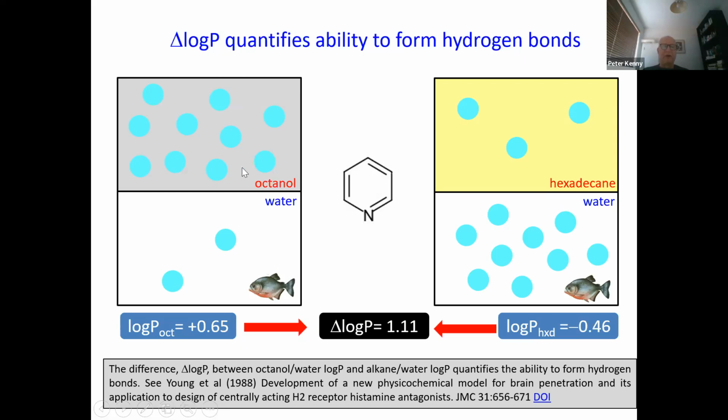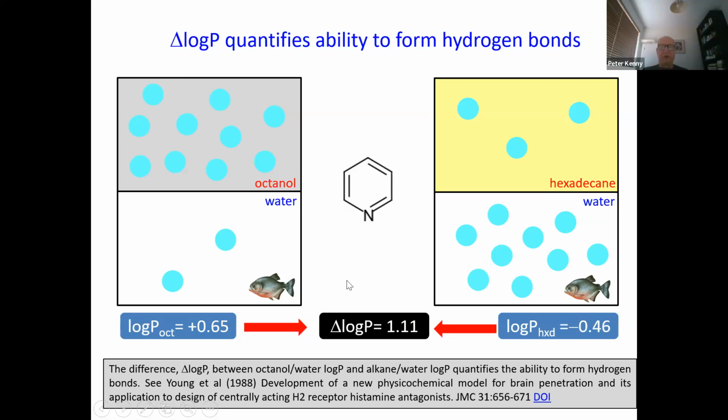If the piranha was up on top, it would be swimming backstroke. So the piranhas don't go into octanol or hexadecane. What you can see is that the pyridine, between octanol and water, prefers to be in the octanol. So if you looked at pyridine, you'd say it's lipophilic. In hexadecane and water, it's different. Here, the pyridine prefers to be in the water, so you'd say it's hydrophilic.